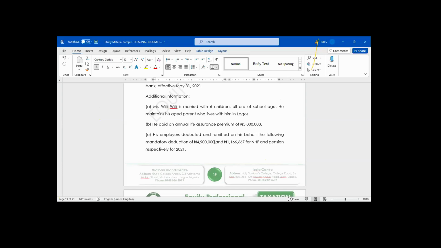In one company, you work for 5 months. In another company, you work for how many months? 7 months. So in this question, the pension given to us is for 1 year. All the tax exempt given to us is for 1 year. They did not tell us that it is this company that paid the pension.